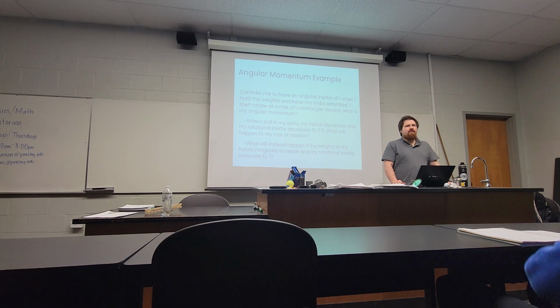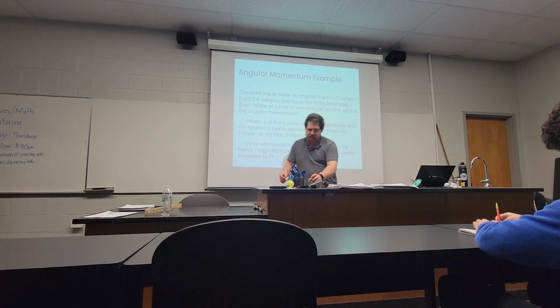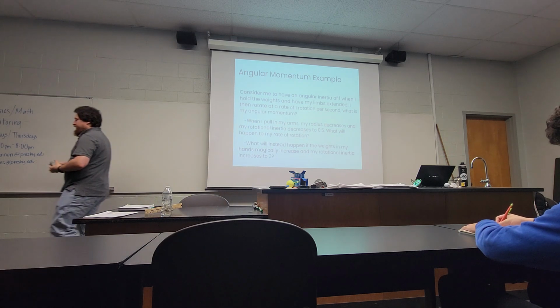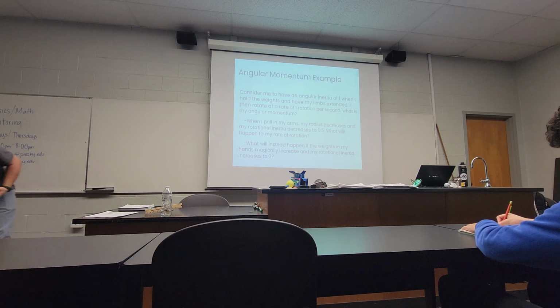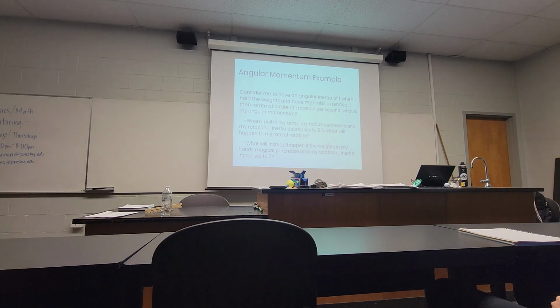Let's put some numbers to that specific situation. Consider me, with the two weights in my hands, as having a rotational inertia of 1. We're just going to call it 1 for simplicity's sake. So right now, like this, my rotational inertia is 1.